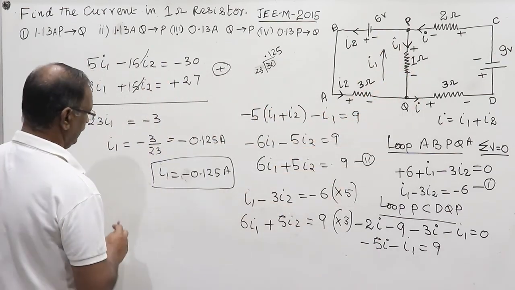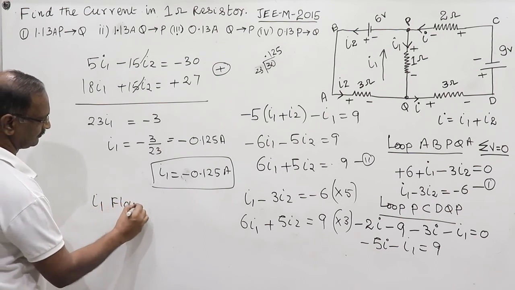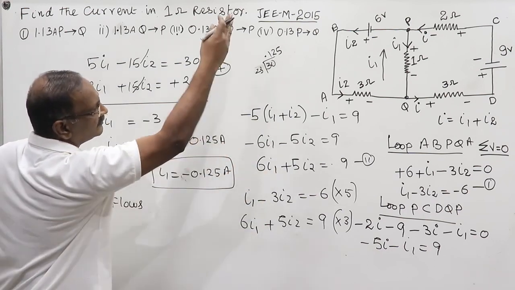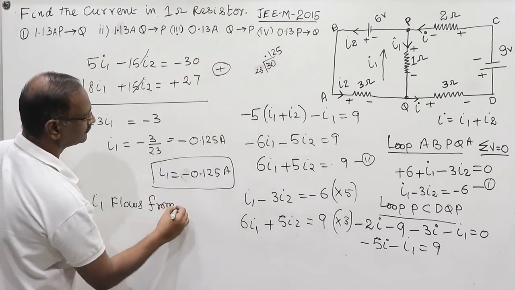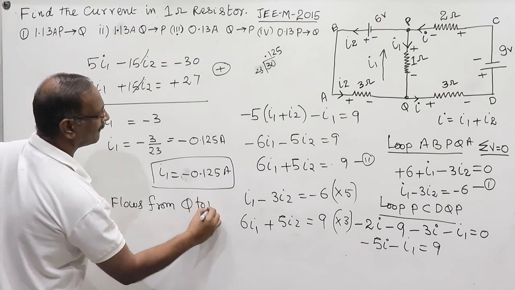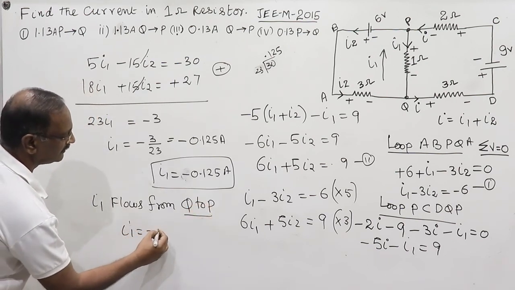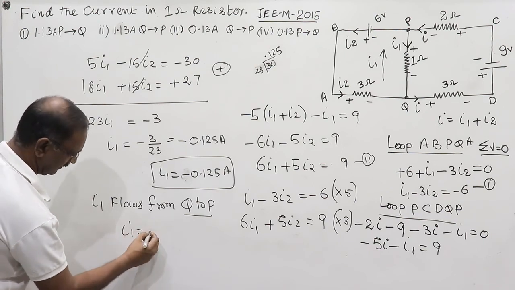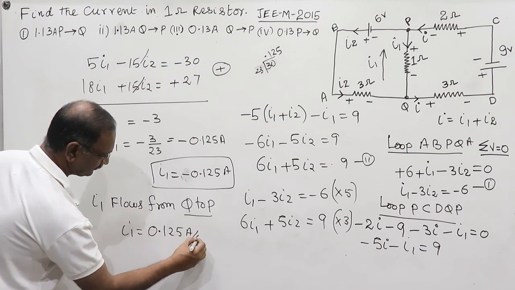So I1 flows from Q to P, and the magnitude of I1 is 0.125 ampere.